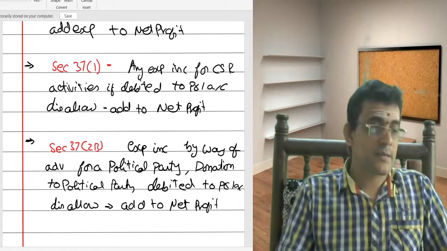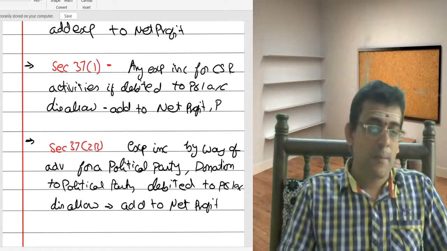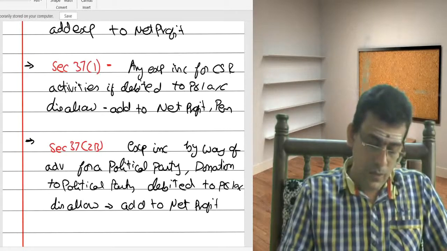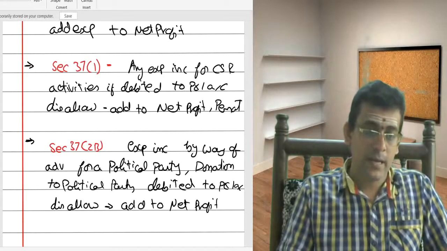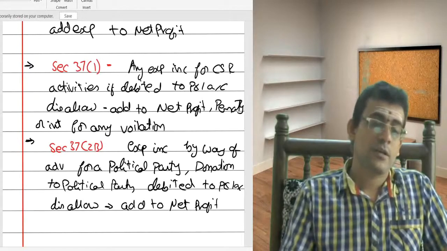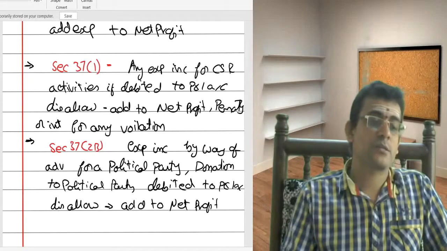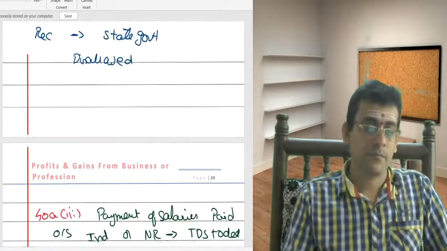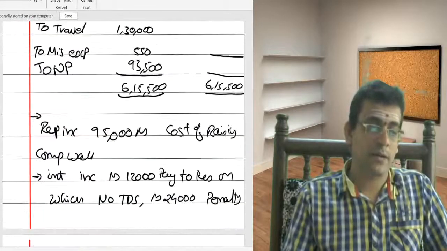So 37 subsection 1 also says penalty. It could be any sort of penalty or any interest for any violation or contravention, and it is also supposed to be disallowed. So I'm going to disallow that. That is one point which I want to add there.